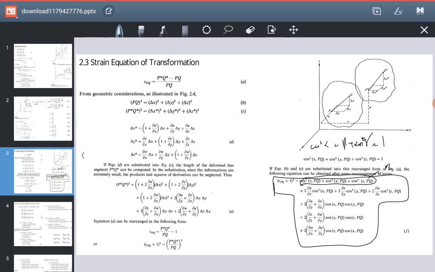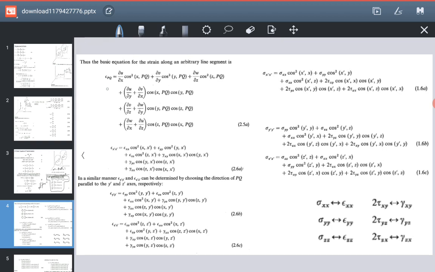So by using this property, we can cancel this with 1 after we, क्या कहते हैं, expand the formula, because it will come out to be like delta EPQ square plus 2 EPQ plus 1. So this 1 and this 1 are going to cancel out, and this is going to get to 0. Okay, and this 2 will be taken out as common, and it will be cancelled out with this 2. Okay, so we are going to end up with this expression, I guess. This is the expression.